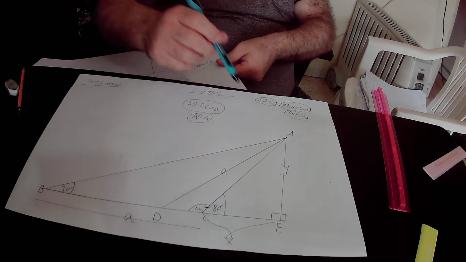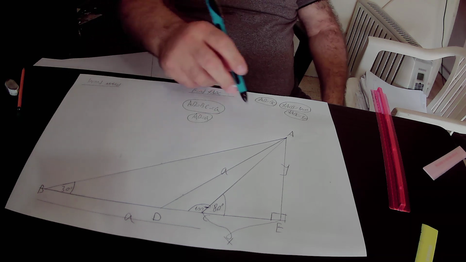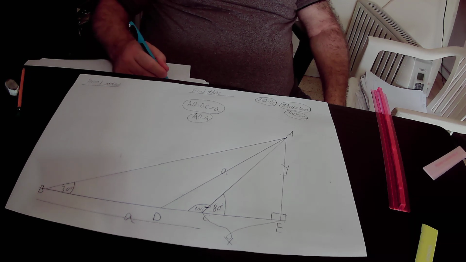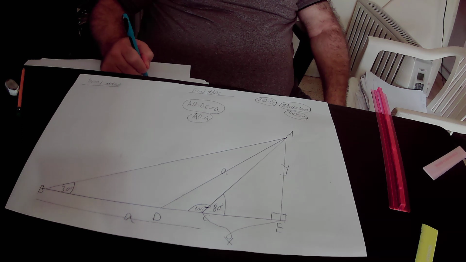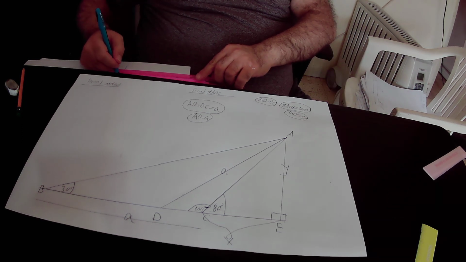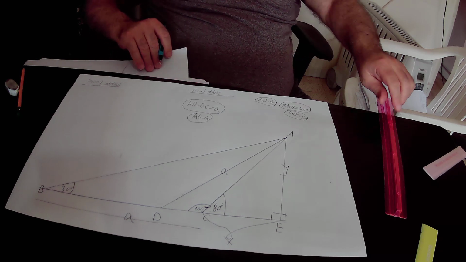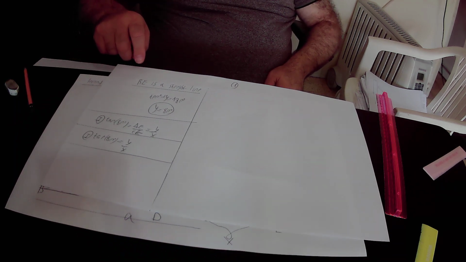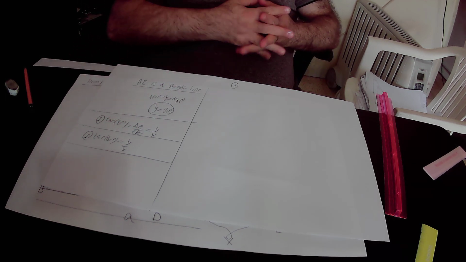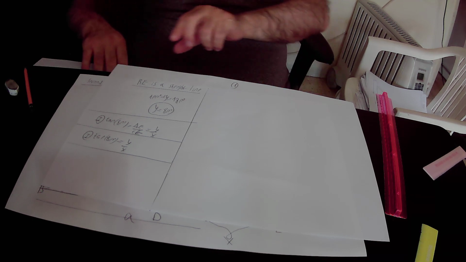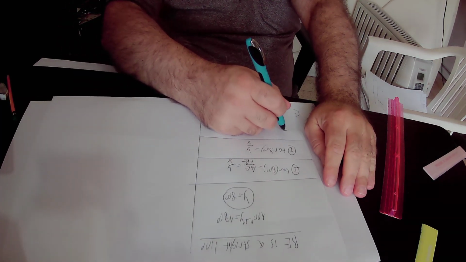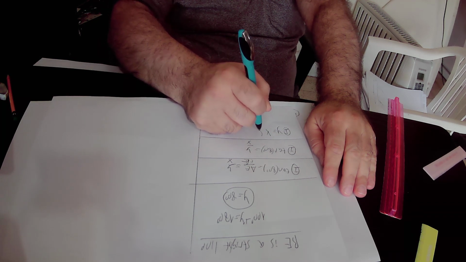According to our definition, AE equals Y and CE equals X. So actually, according to equation number 1, tangent 80 degrees is equal to Y over X. Here we will multiply equation number 1 by X, and we get that Y equals X times tangent 80 degrees.